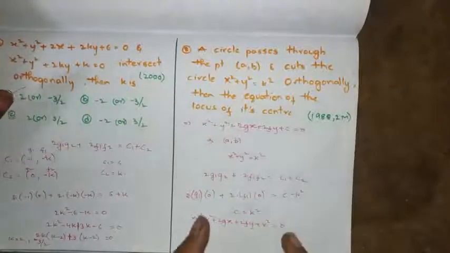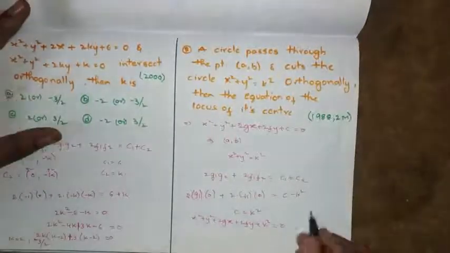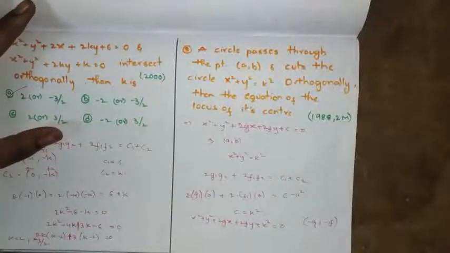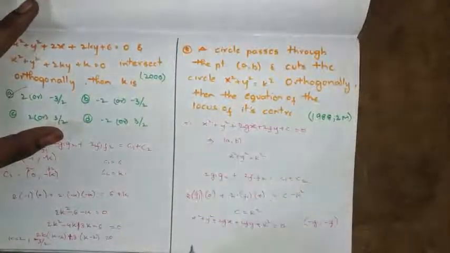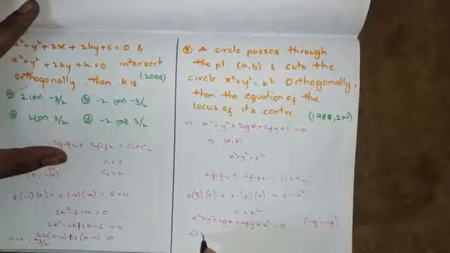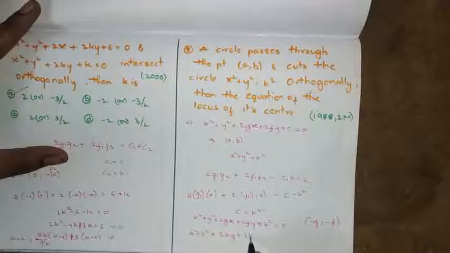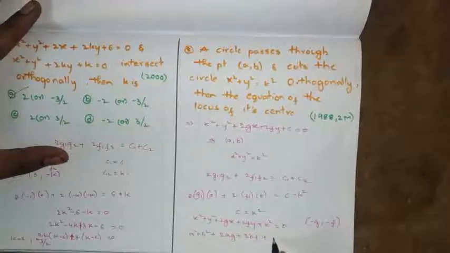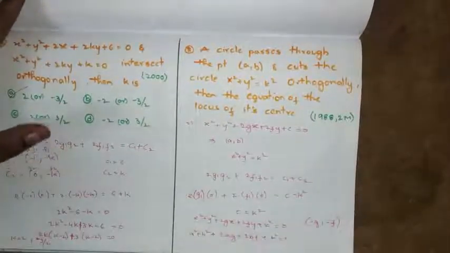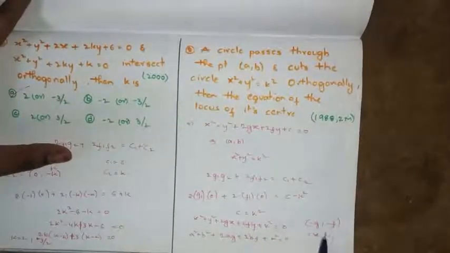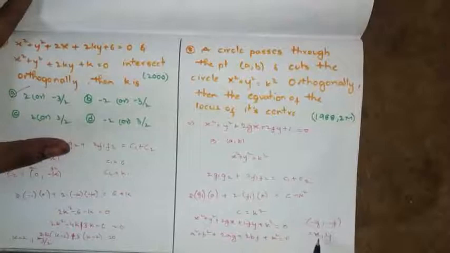We have to get the locus of the center. Center is minus g comma minus f. And it is given that it passes through a comma b. So a square plus b square plus 2ag plus 2bf plus k square is equal to 0. Can I say that here x comma y, minus g is equal to x?